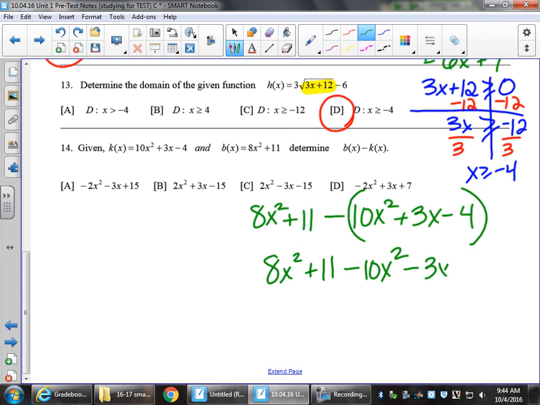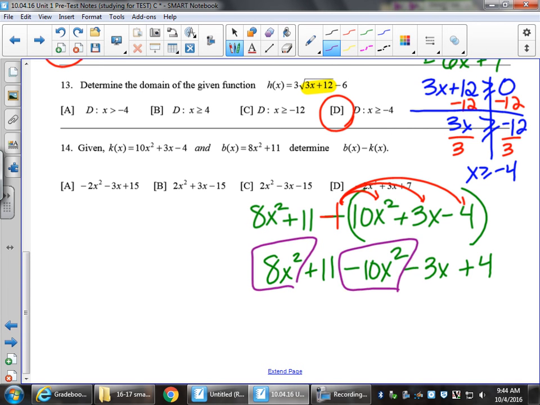Minus 3x plus 4. So we are recognizing that this is a -1 out front, and we're multiplying each of these terms by -1, which just changes the sign. It doesn't change the values. Now I can combine like terms. So where are my like terms? 8x squared minus 10x squared makes -2x squared. Good.